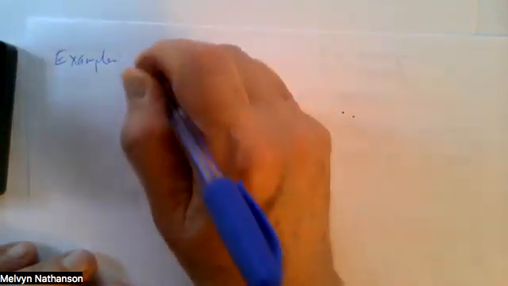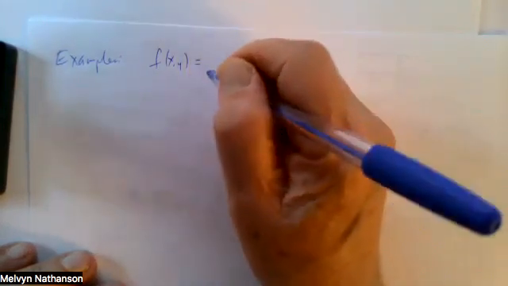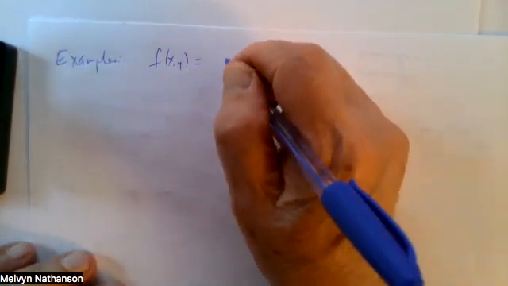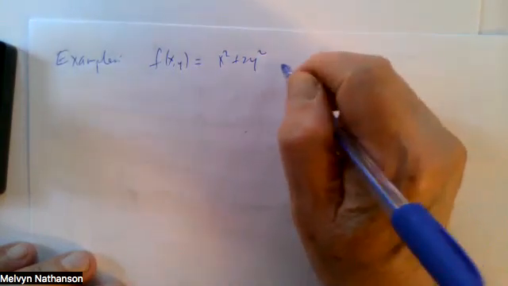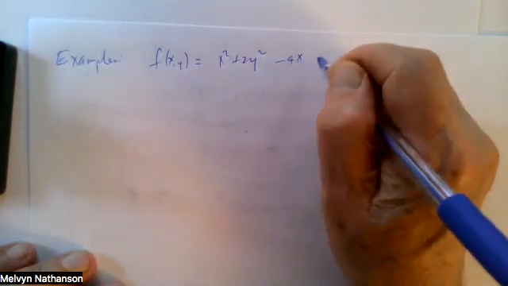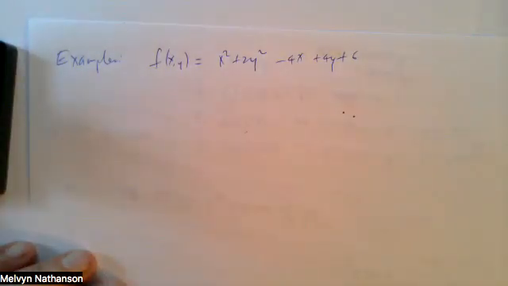Suppose we have the function f of x, y equals x squared plus 2y squared minus 4x plus 4y plus 6.